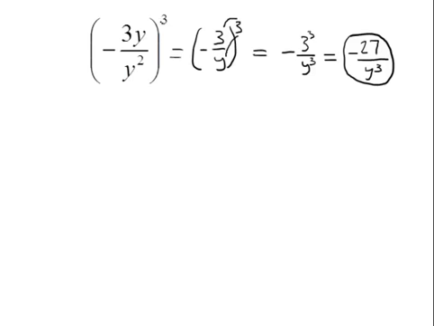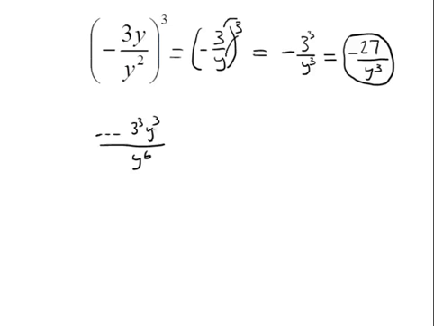Notice, just for the sake of argument, if we had distributed the exponent to everything, we would have had negative times negative times negative, 3 to the third power, y to the third power on top, and on the bottom, y to the sixth power. And we could reduce this using the who wins by how much sort of thinking.